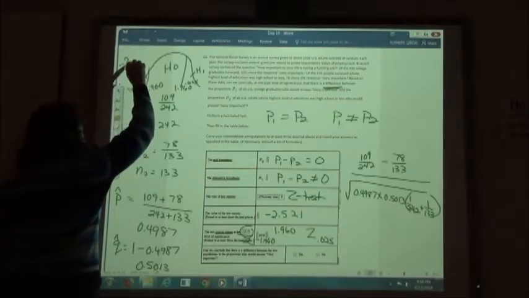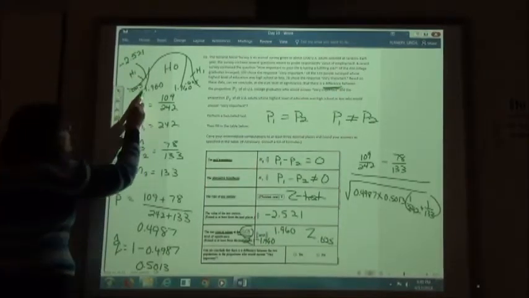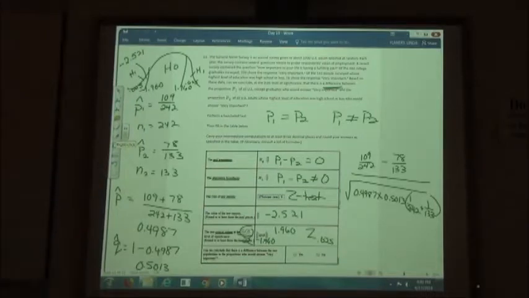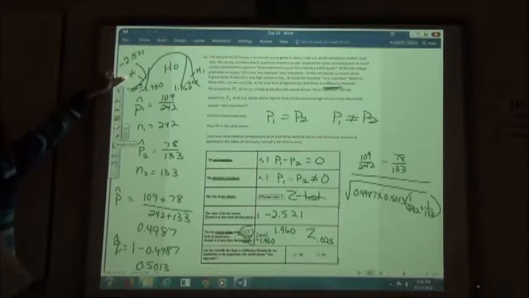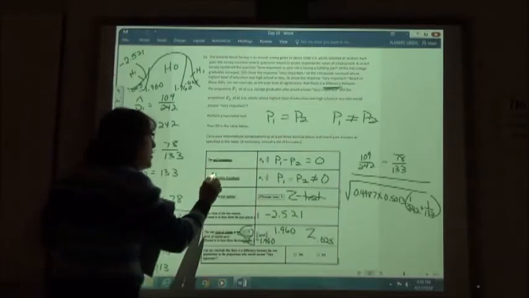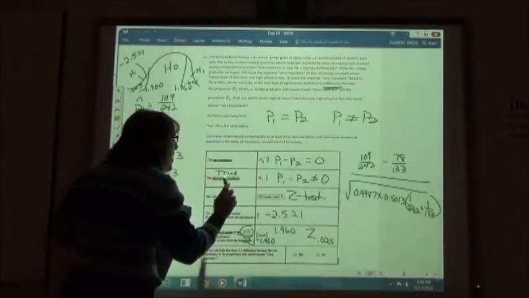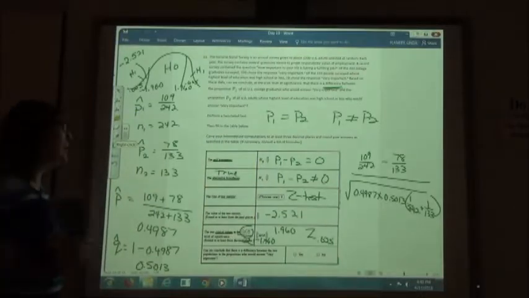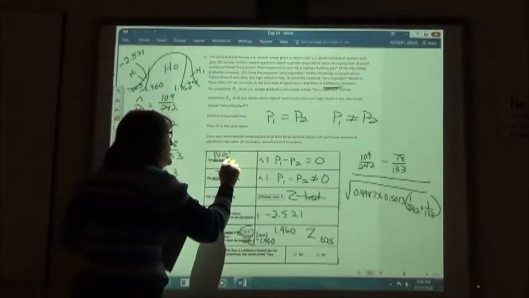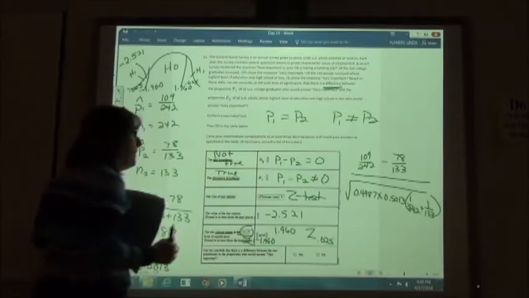Negative 2.521 is less than negative 1.960. So since it's on the left, we're in the H1 section. My alternative hypothesis is my true one, which means my null is not true.